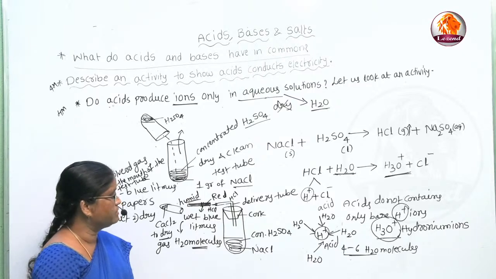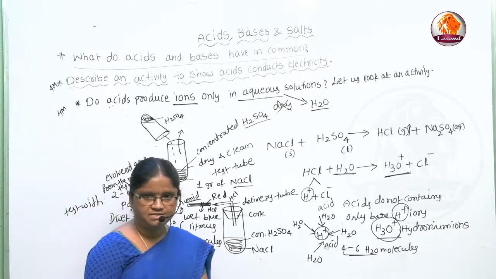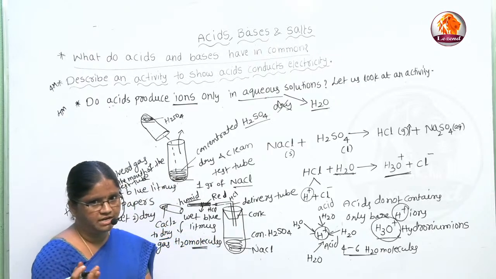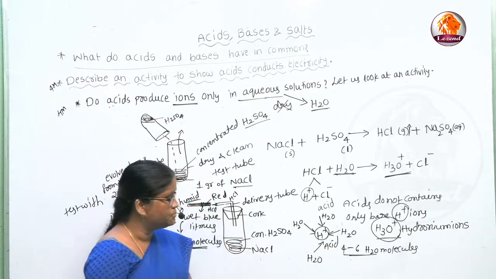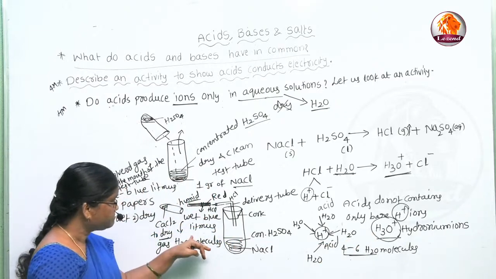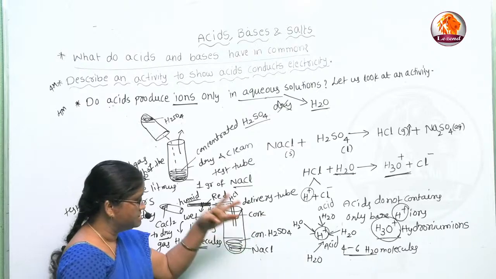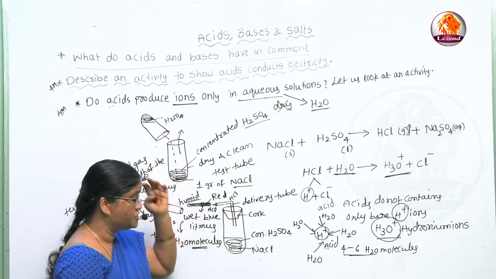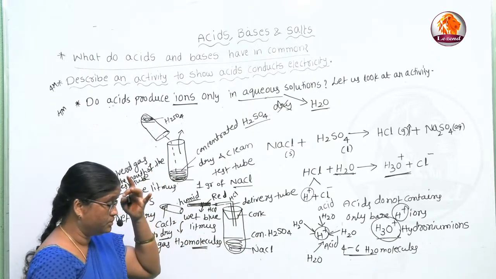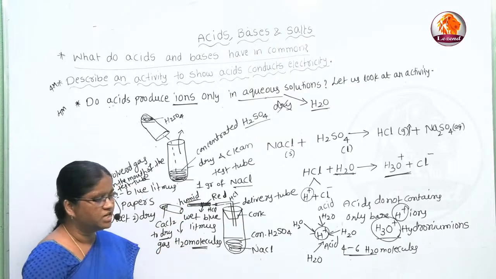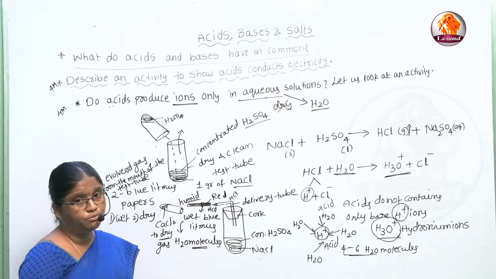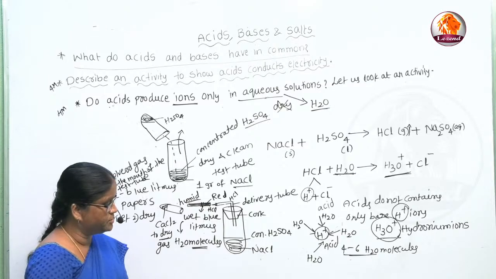Only in the presence of water do acids produce hydrogen ions, which attach to H2O molecules and form hydronium ions. All acids have which kind of ions in common? H3O plus ions, or hydronium ions.